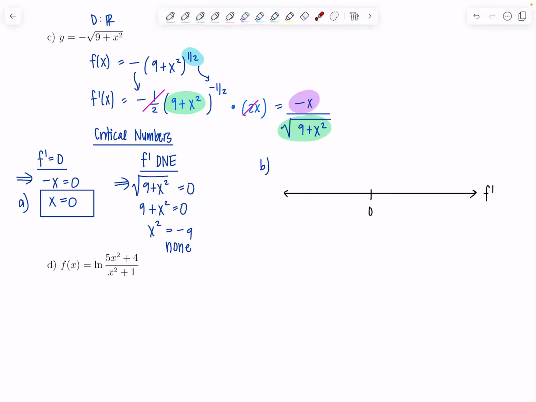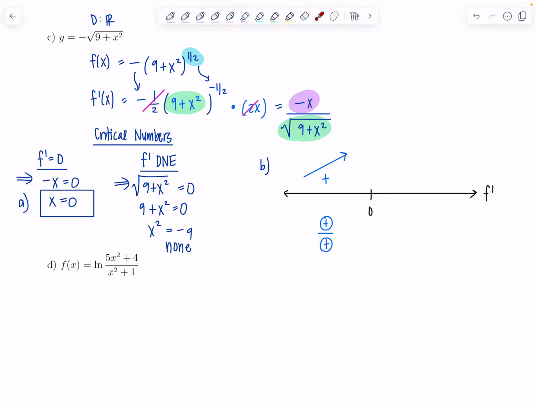Good. So if I pick negative 1 in for x, negative 1 is positive. And then this denominator is always positive because you have a positive number under here. You take the radical, it's still going to be positive. So positive divided by positive is positive. My function is increasing.